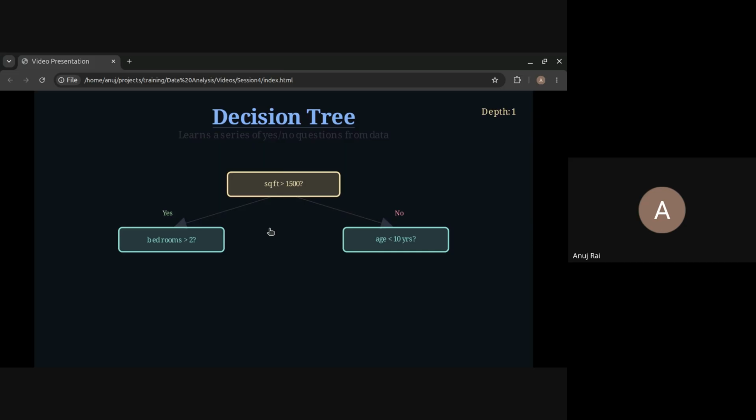So there is a kind of algorithm called decision tree. A decision tree works by asking a series of yes/no questions to split the data.